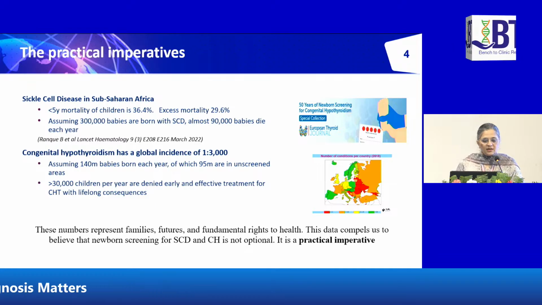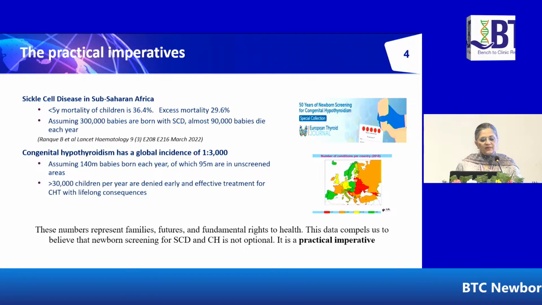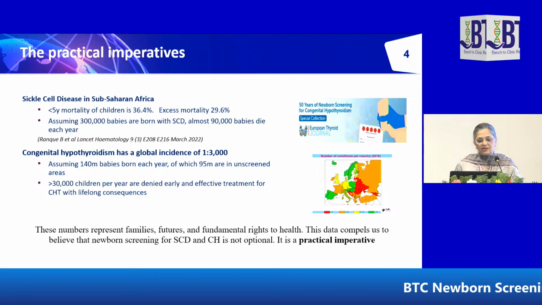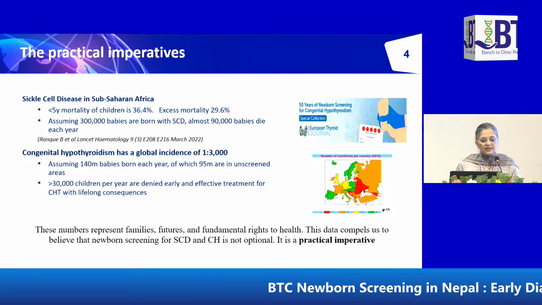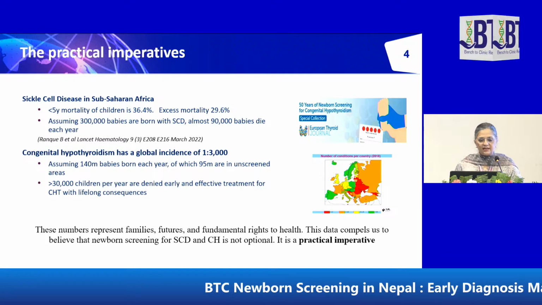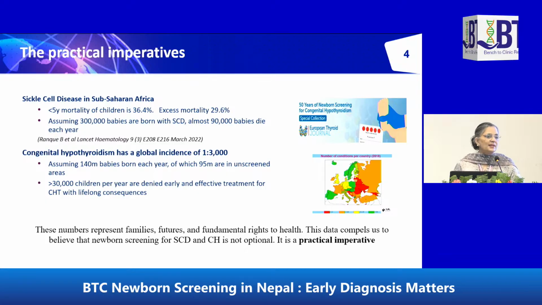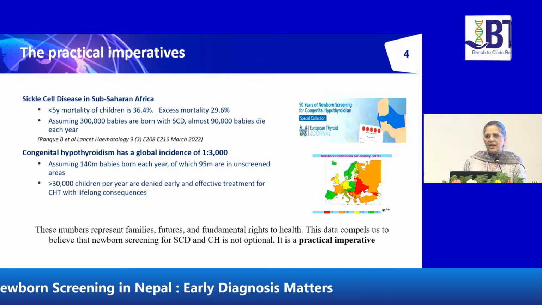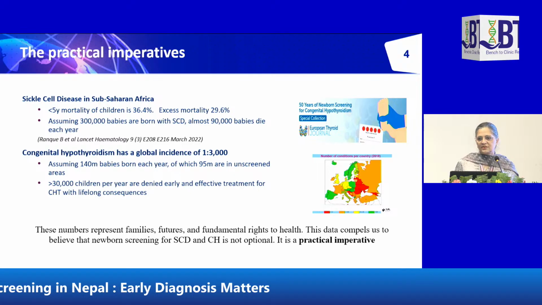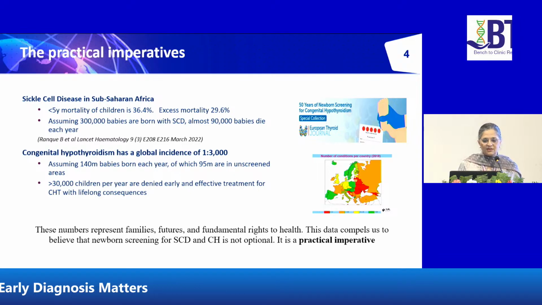Congenital hypothyroidism has a global incidence of 1 in 3,000. If 140 million babies are born each year, 95 million are in unscreened areas, and more than 30,000 children per year are denied early and effective treatment, with lifelong consequences and so much morbidity, even though thyroxine, the treatment, is so simple to give and very cheap.